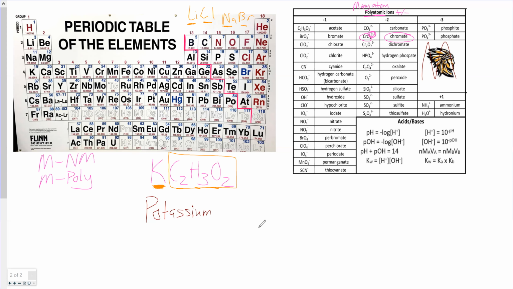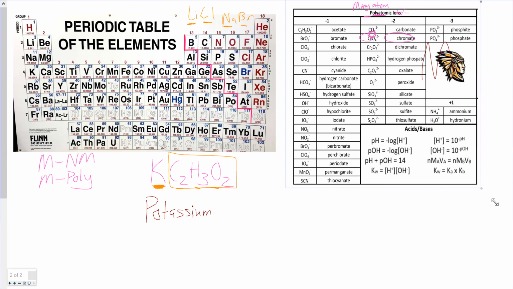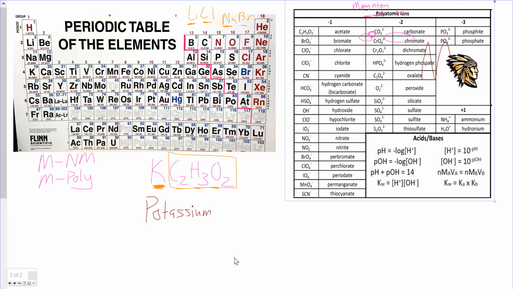Anybody see it? You're now looking at this table right here. C2H3O2. Everybody sees it over here? What do you see, Mandy? Acetate. Mandy says acetate. She is correct.